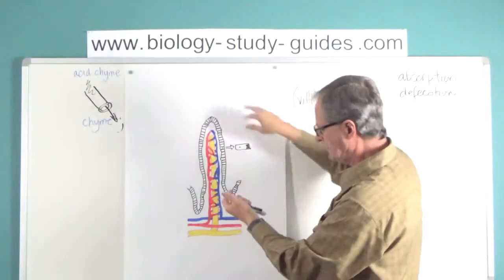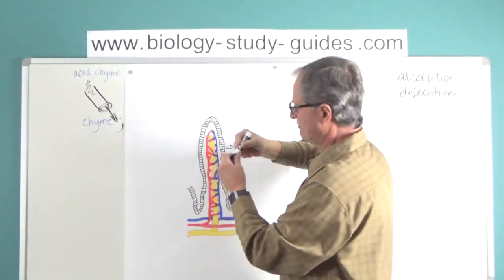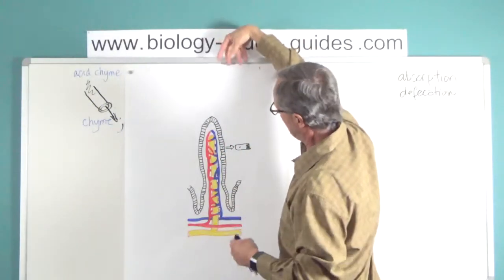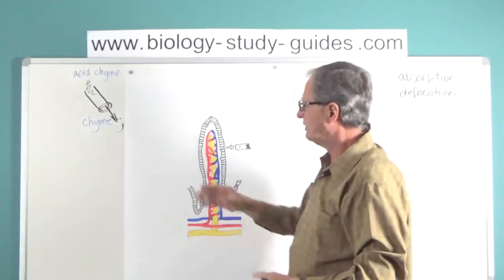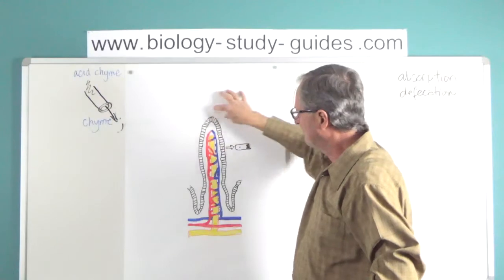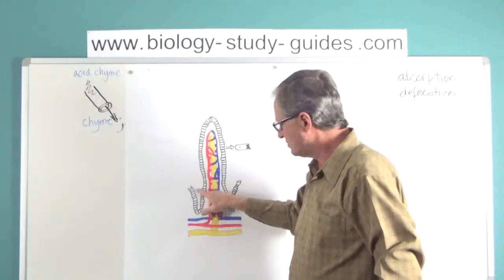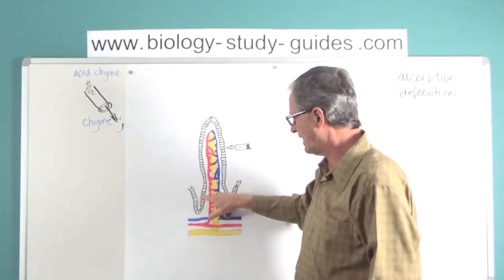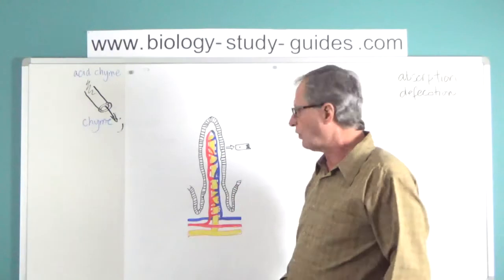This is the lumen here. This area here is all lumen. There'd be another villus sticking down here, another set of them here. They're all over the place, all around inside the lumen. And the material, the chyme material, passes over the surface of all these villi. These are intestinal glands down here. They secrete mostly water. You still need a lot of water.